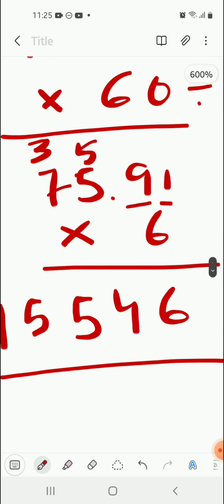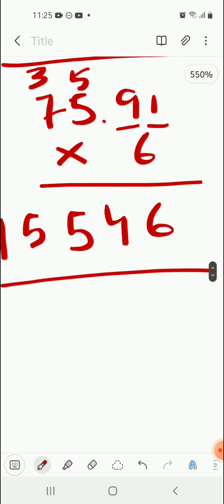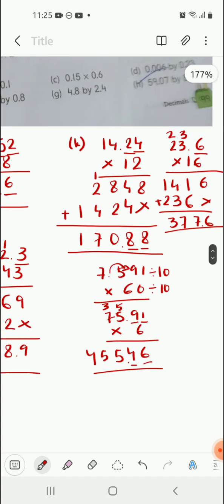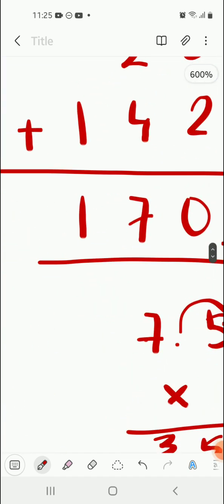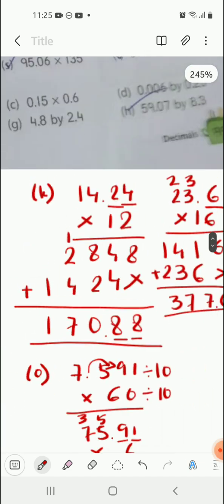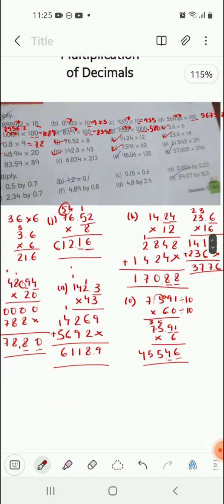You can see there are two decimal places, so we will continue the same thing. So use a decimal point over here, making sure there are two decimal places. Okay, so we are done with this. This was number O. Moving on after O to number P.